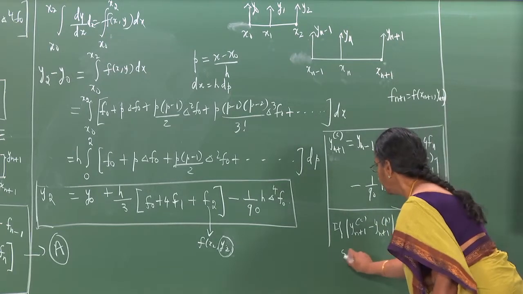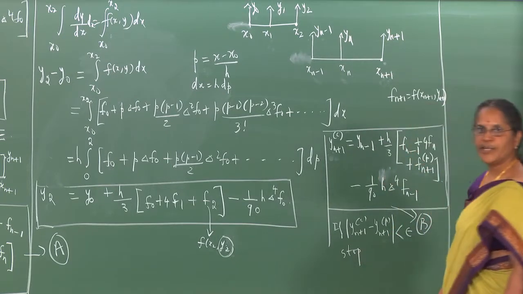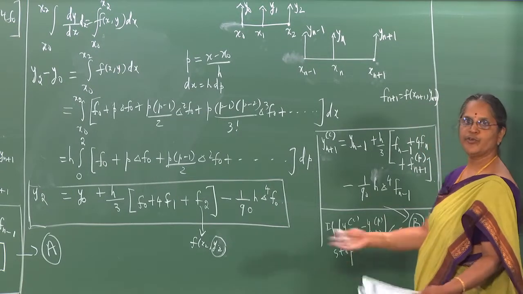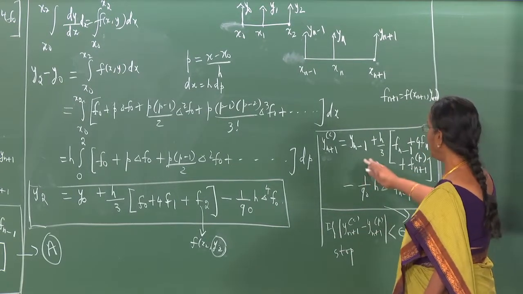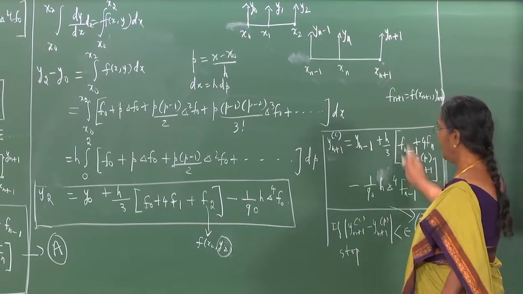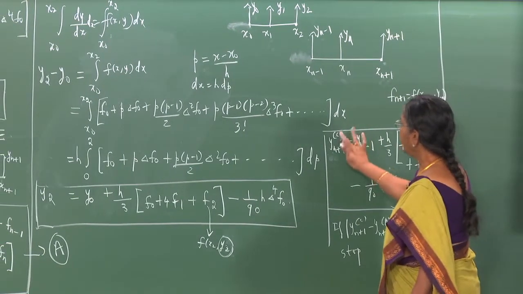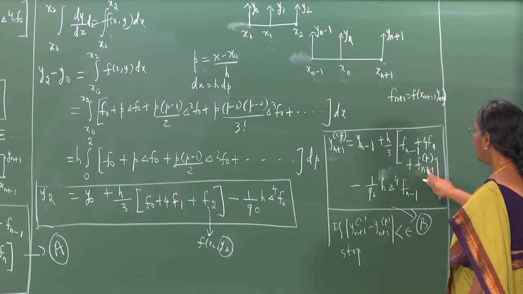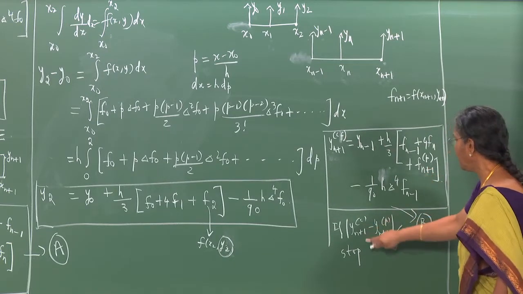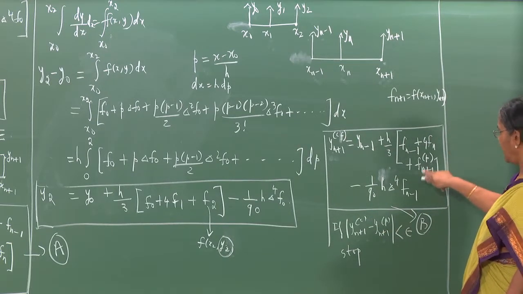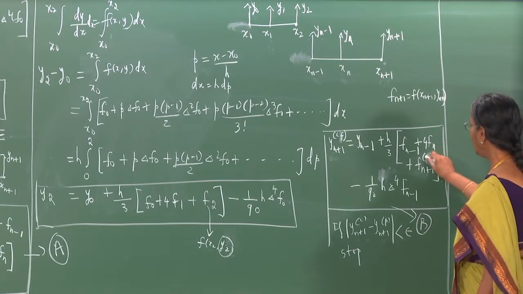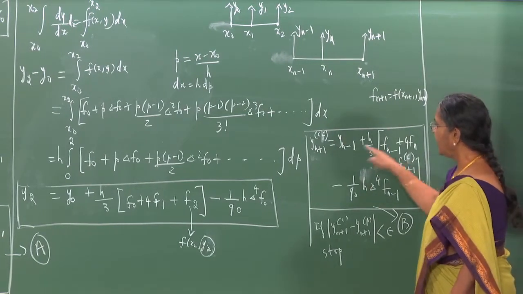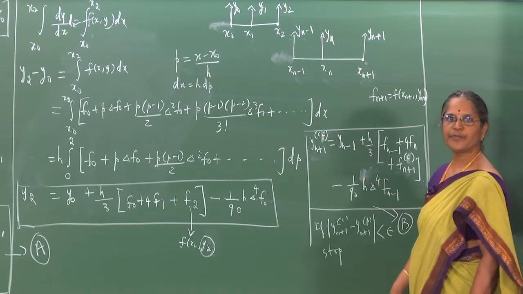If that happens, then we stop our computations. If this does not happen, then what do I do? I make use of this method once again and get the second corrected value, where I make use of the yn plus 1 first corrected value in computing fn plus 1. So, I shall denote this by fn plus 1 corrected value, and hence I get the second corrected value.